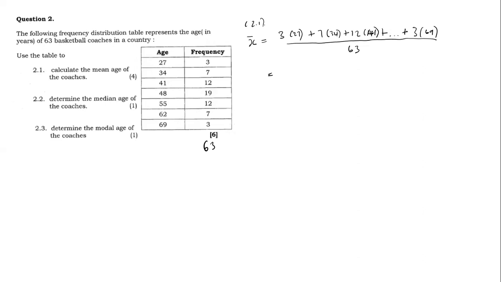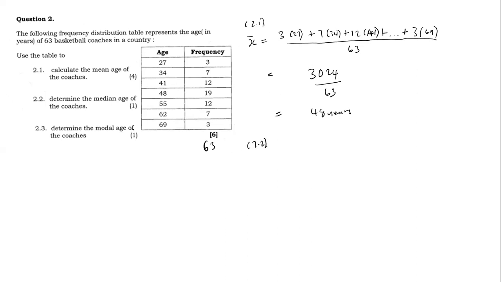And therefore, on my calculator, if I did the products and summation correctly, I get 3024 divided by 63. Therefore, I'm going to say that answer divided by 63, and then I get 48. Yes. So this is the mean age of the coaches in this country. So we have 48 years.